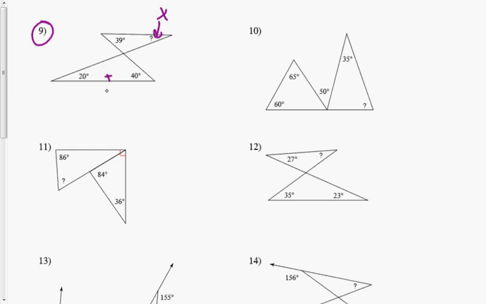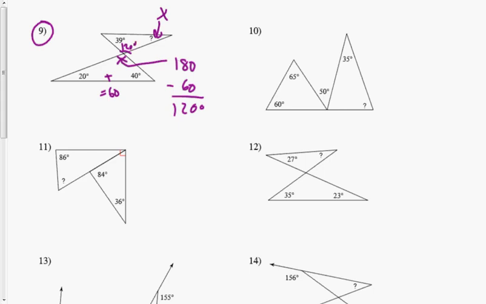Okay, so that's 60 degrees. So to get our missing angle right there, we do 180 minus 60. So that's a 120 degree angle. Okay, so that means that if these two are equal, this is also a 120 degree angle.